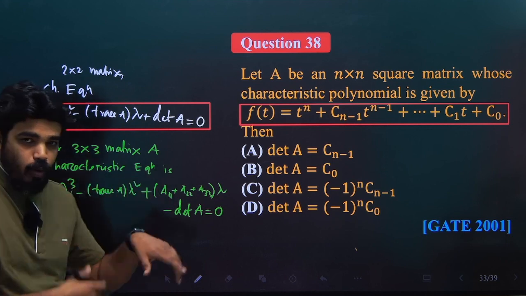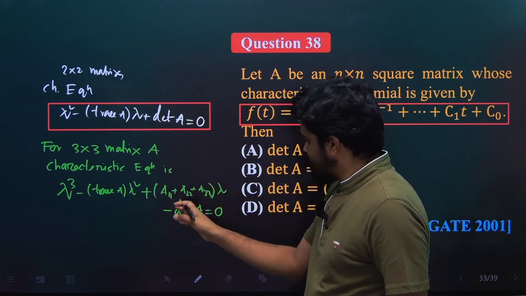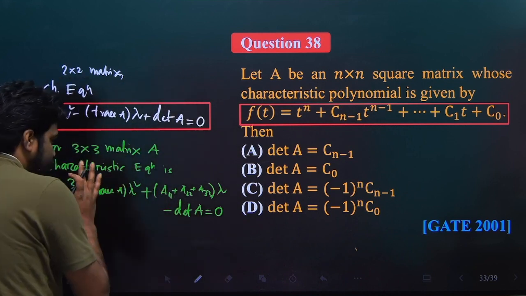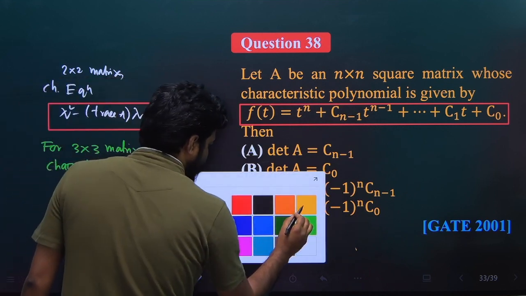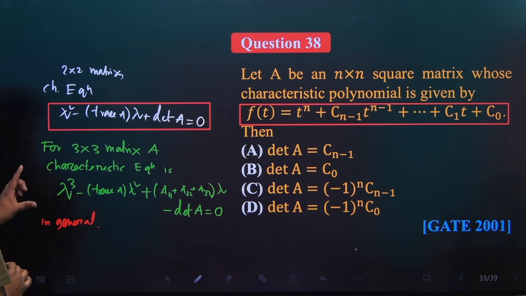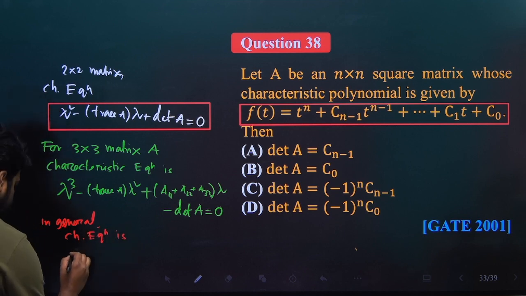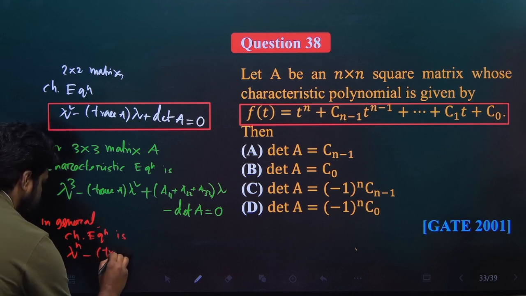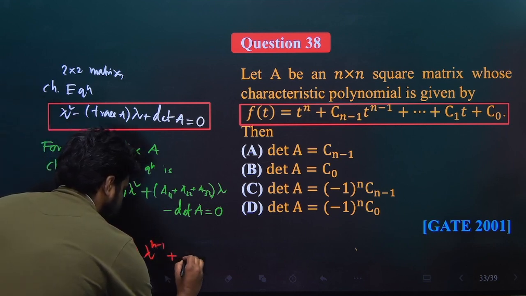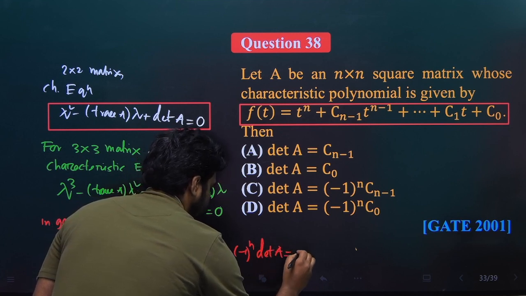Look, the plus and minus signs change alternately, and the last term is always the determinant: plus determinant for 2x2, minus determinant for 3x3. So in general, for an n cross n matrix, the characteristic equation is lambda to the power n minus trace A into lambda to the power n minus 1, plus dot dot plus (-1) to the power n determinant A is equal to 0.